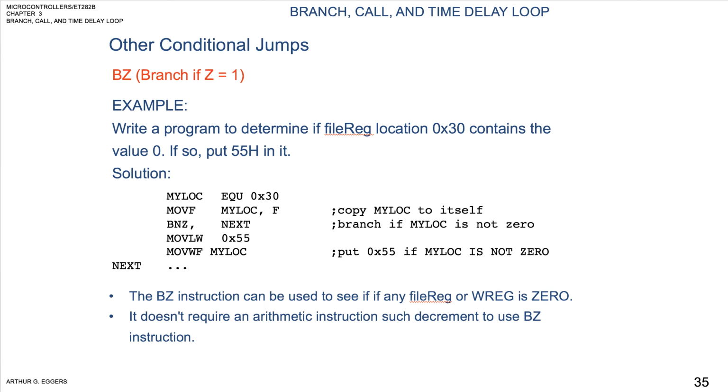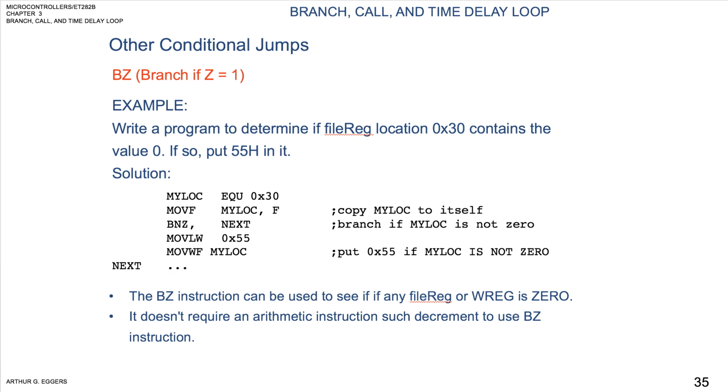The next step, move the literal 055 to the working register. Move the working register to a file, my location, and at that point we have put 055 if my location is 0, and then back to next. Okay, so we've got a simple set of instructions here where we have placed a value and then checked it to see if it's a 0.